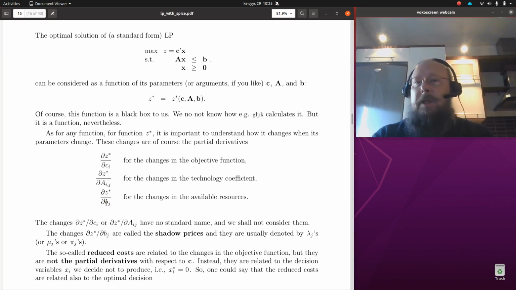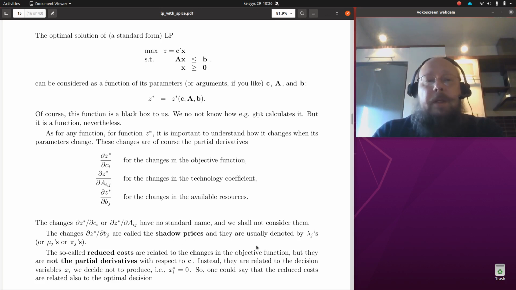So for example, one additional unit of spice melange. And these are actually easy to come by. GLPK will give us them immediately if we ask. These are called shadow prices.